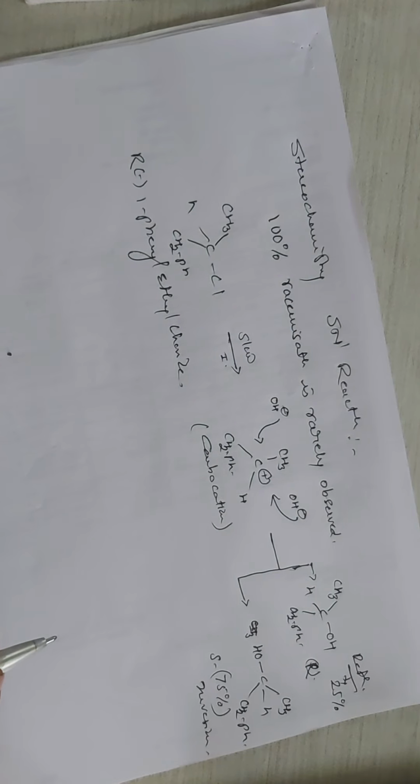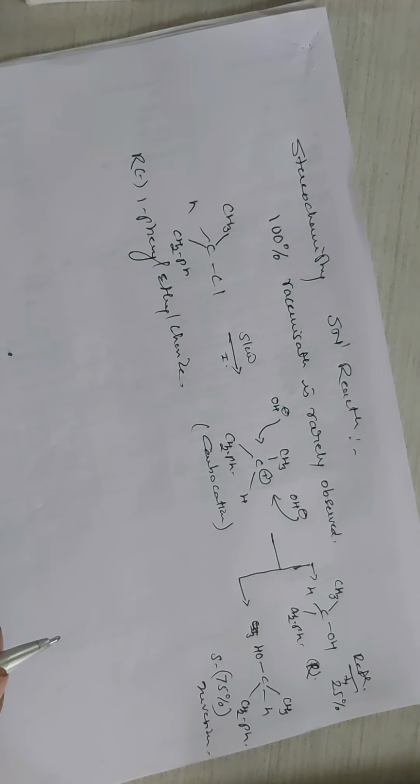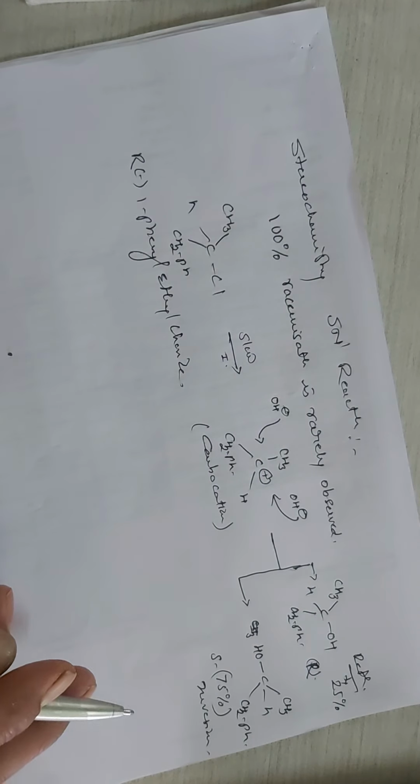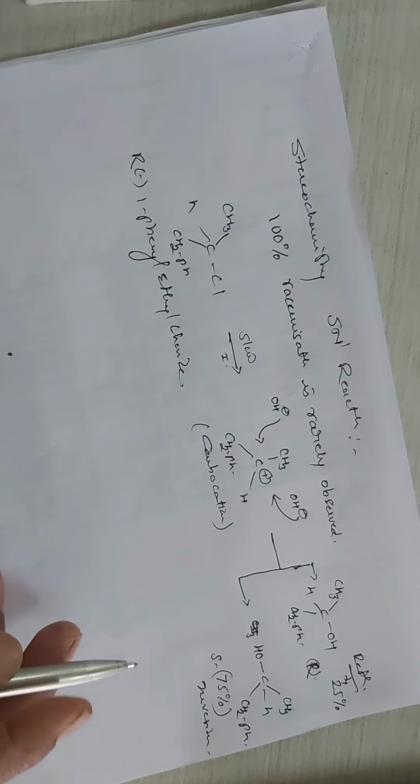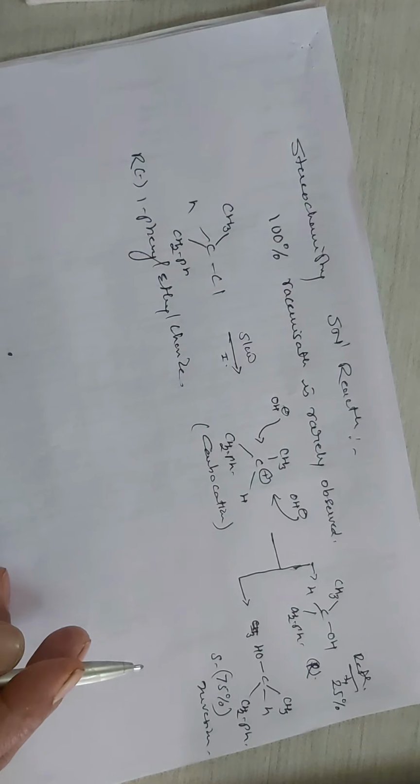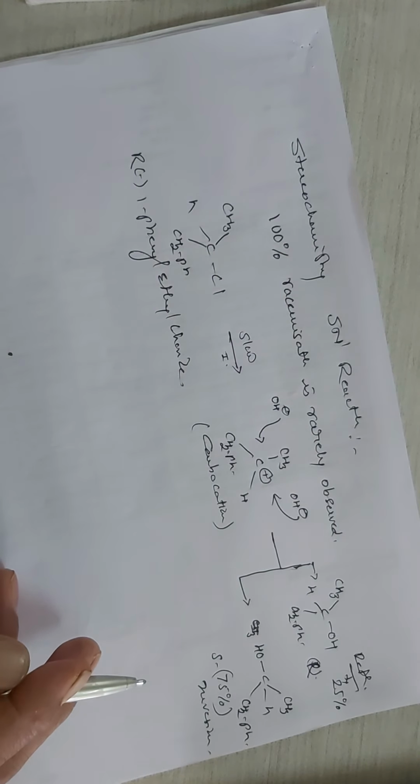Rarely it is seen. So why does this happen? Let us know why you are not getting 100% racemic mixture, that is 50% inversion and 50% retention. Here we are getting something different, a varying degree of inversion and retention, that is 25% retention and 75% inversion.